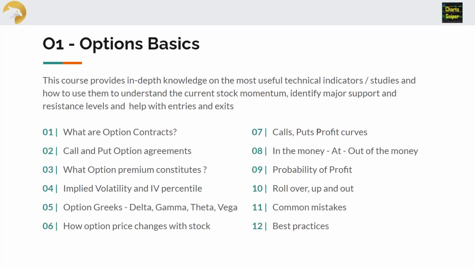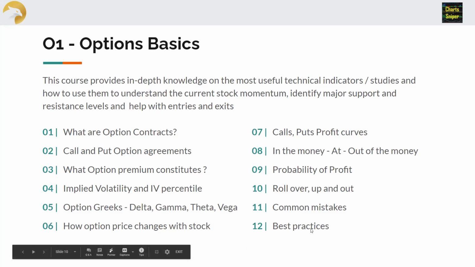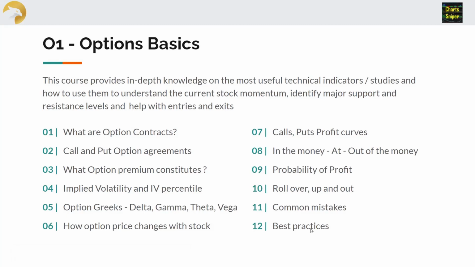When we look at option basics, it's very important to understand what the contract is and what the different types of options are. Some of these things I have already summarized. We'll also cover option premium and what it constitutes, implied volatility (IV), the Greeks, and more details on calls and the profit curves.